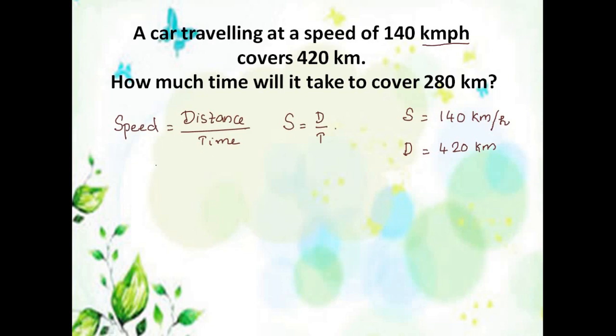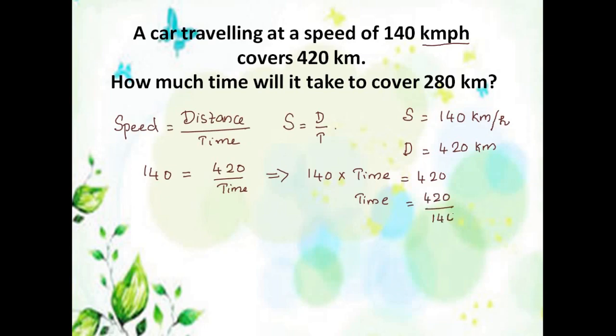Let's substitute this one. 140 equal to the distance 420 by time. You can use the cross product method to find the time taken. It is 140 times time equal to 420, or the time taken is equal to 420 divided by 140.